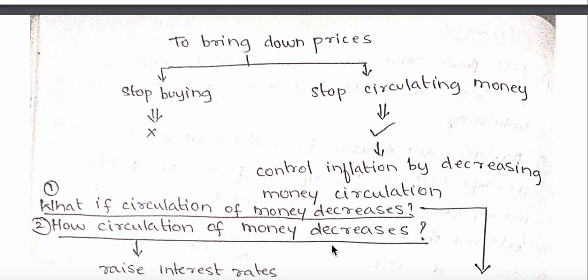Many people will lose employment and many businesses will collapse. So, to protect their own countries from all these situations, all the central banks will stop the circulation of money by raising interest rates. Understand carefully here, by raising interest rates, this is an important part of economy.